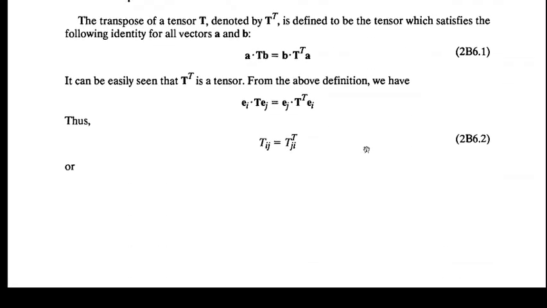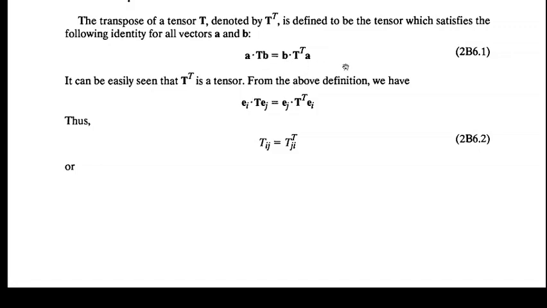Transpose. Now if T is a tensor, then the transpose of T is defined to be a tensor that satisfies this equation: A dot TB is equal to B dot transpose of T A. If we say that this is the transpose of T, then it will satisfy this equation.